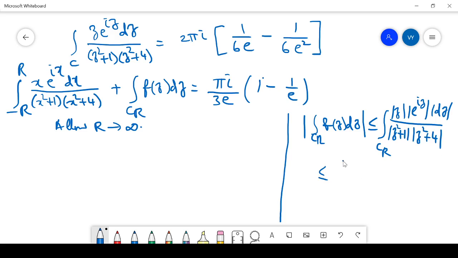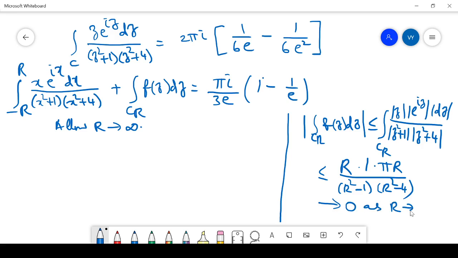This will be less than or equal to capital R for mod z, and the modulus of e power iz will be 1. Mod dz will be the length of the curve, pi R, by (R squared minus 1) into (R squared minus 4). I will have R power 4 in the denominator, R squared in the numerator. So when R approaches infinity, the value of this integral becomes 0. So now when I allow R to tend to infinity, this part will become 0.